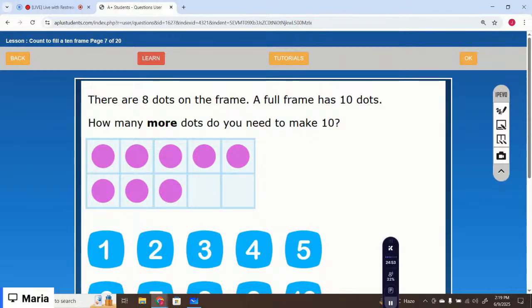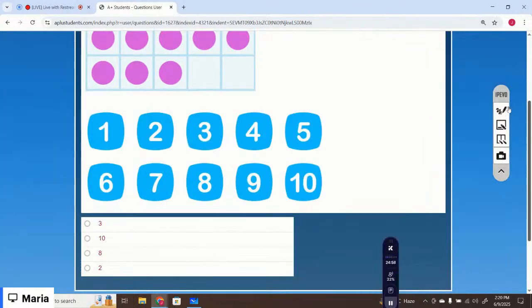The correct option is 2. The last option is the correct option.